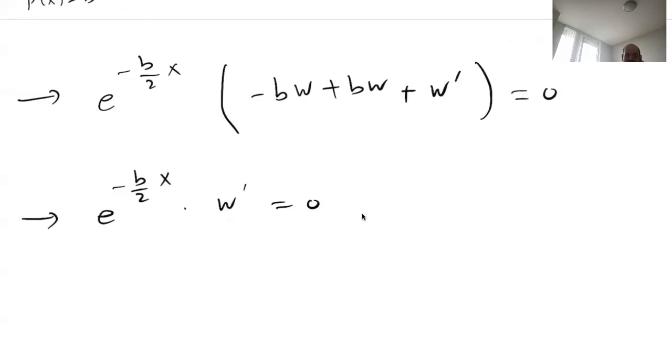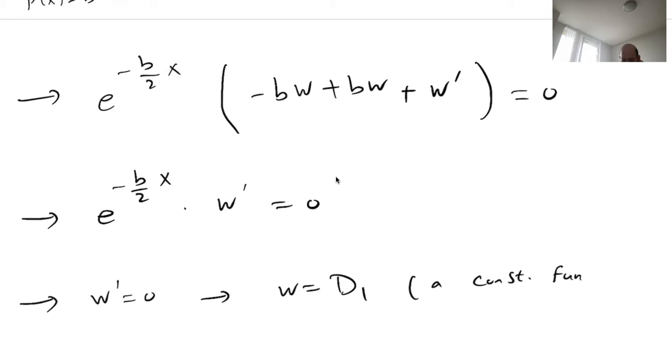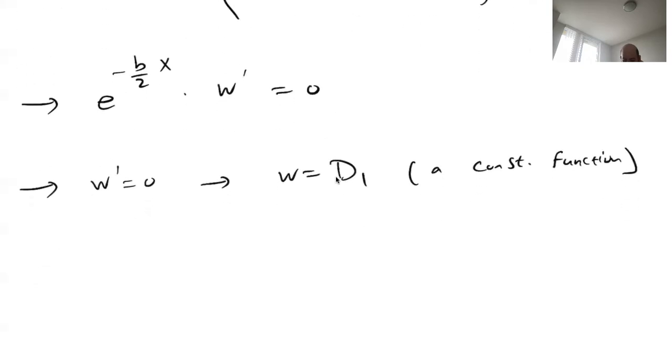And again, exponential functions are always positive. So that means w prime must be 0, and that means w is equal to some constant, let's say d1, a constant function. And w is v prime, so v prime is equal to d1.